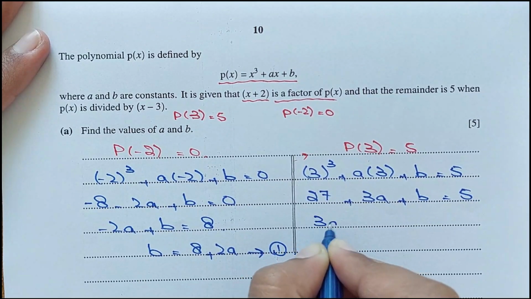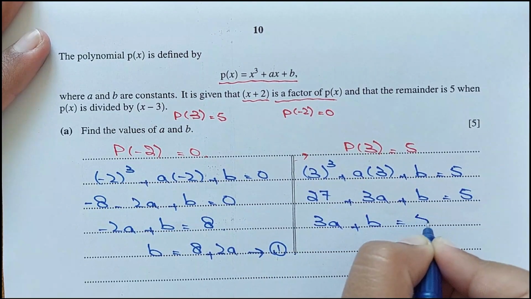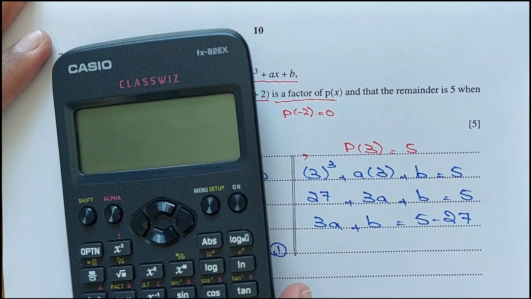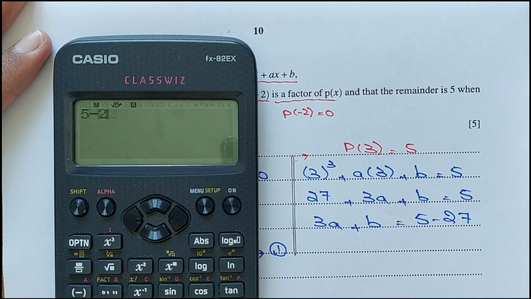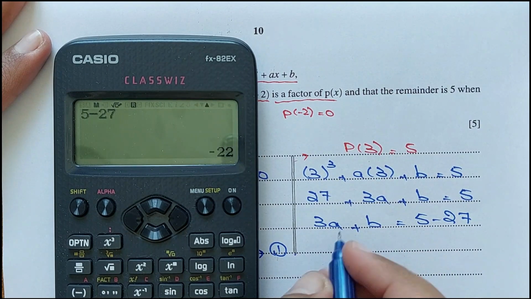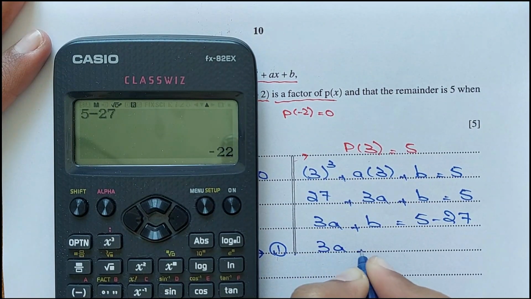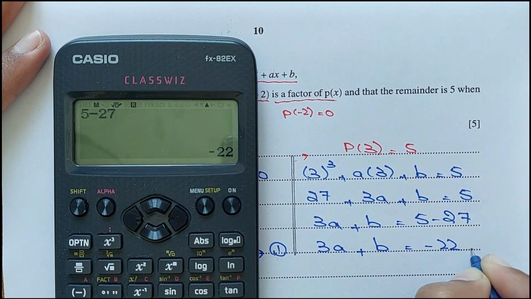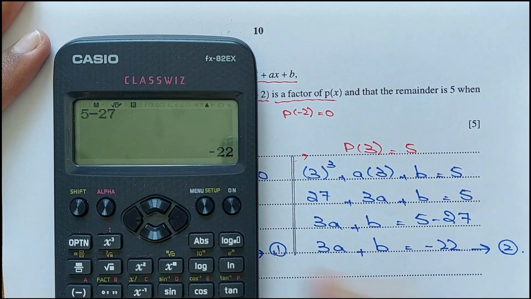So 3a plus b equals 5 minus 27. So 5 take away 27 is minus 22. Yes. So 3a plus b would be equal to minus 22. This is my second equation, right?